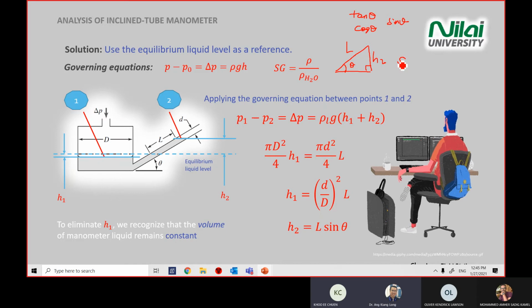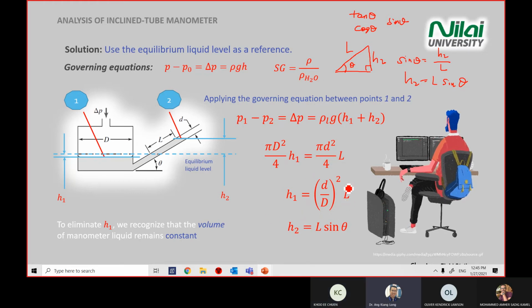Sine theta equals opposite divided by hypotenuse. You want to eliminate H2, so H2 equals L sine theta. Do you see it now? Okay.